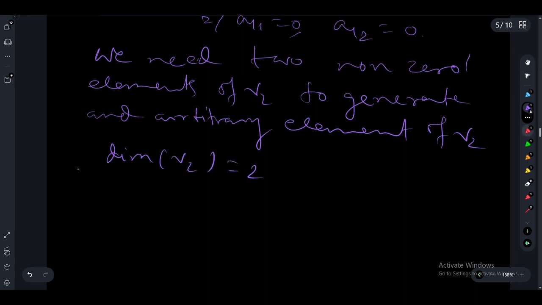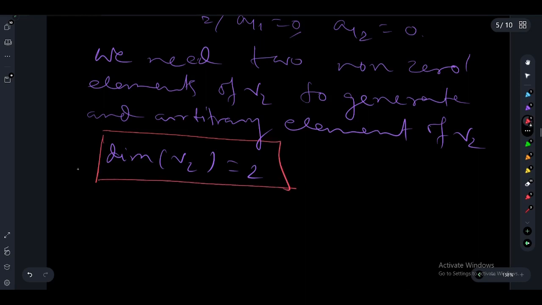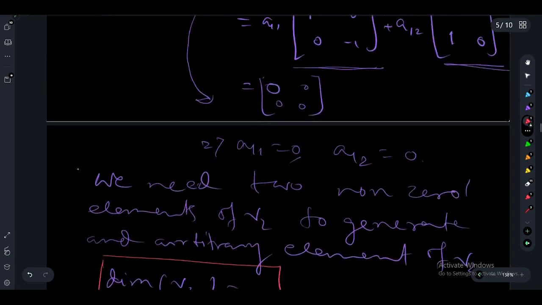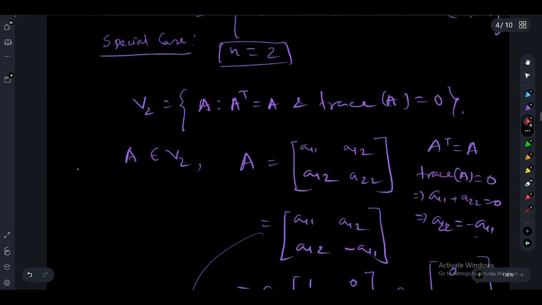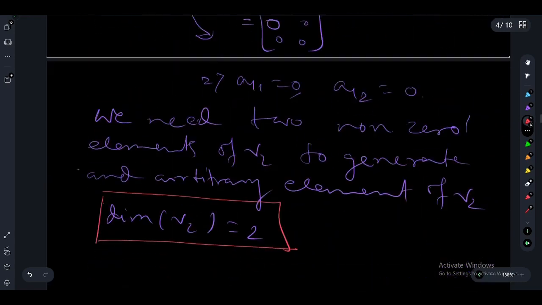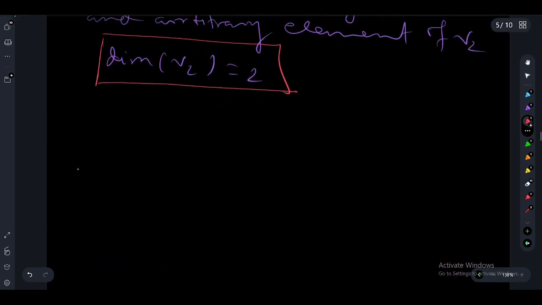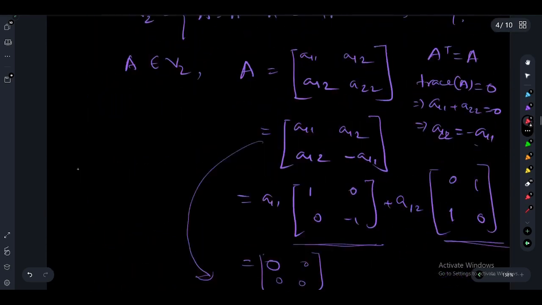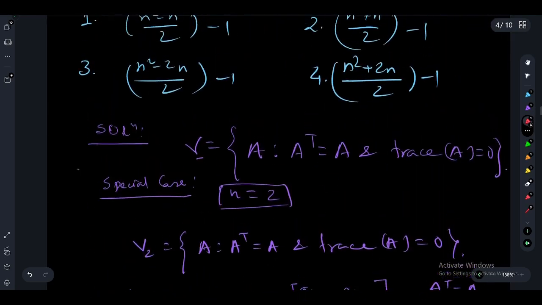This is true. Now what is our first option? n square minus n by 2 minus 1. If we consider this first option, substitute n equals 2, because for this special case we have considered that n equals 2.